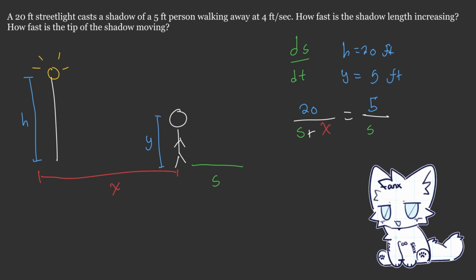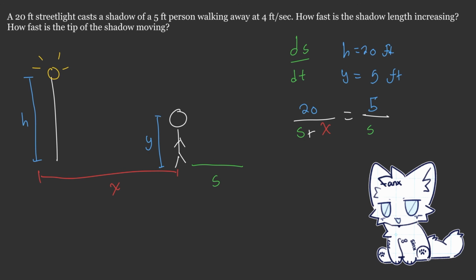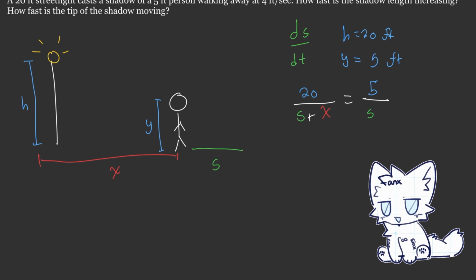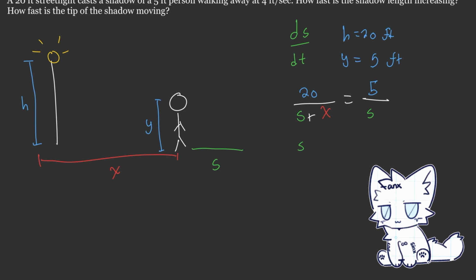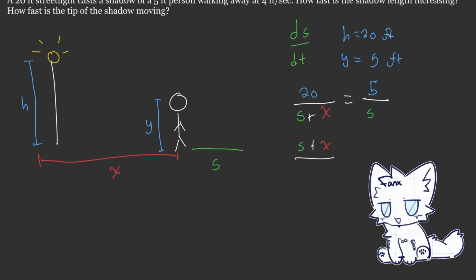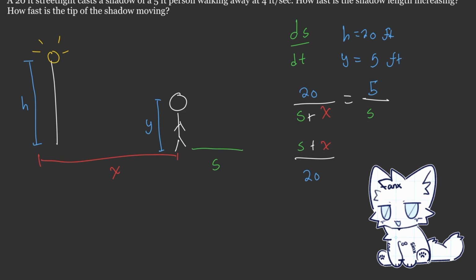To get the denominator to the numerator, we can take the reciprocal, which is s plus x over 20 is equal to s over 5, right?